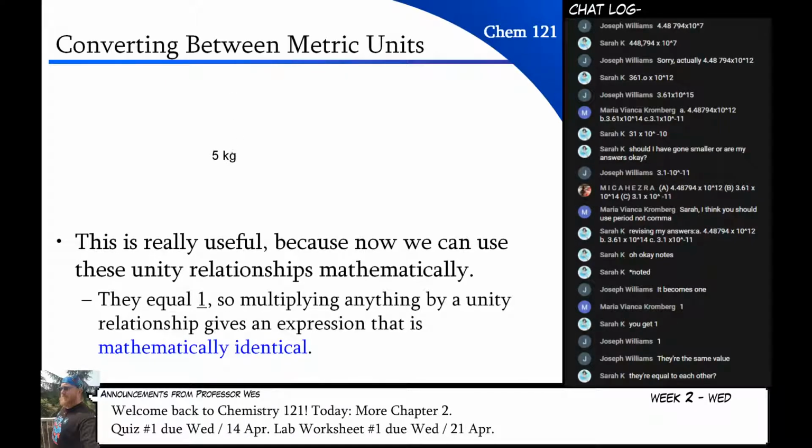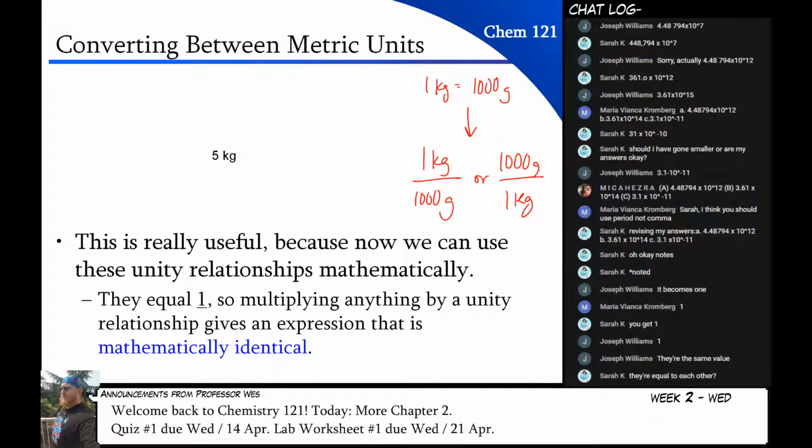So for example, if I wanted to figure out how many grams were in 5 kilograms, I know the conversions for that. So I could say 1 kilogram is equal to 1,000 grams, which I can then write like this. Or I could write it like this.